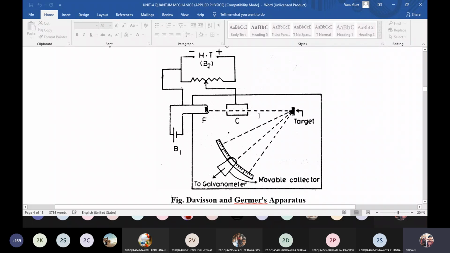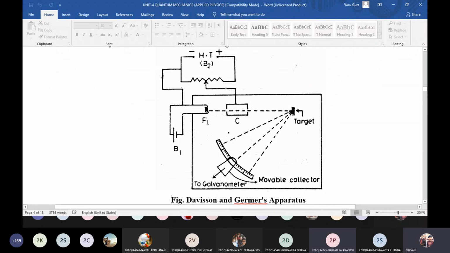Is it possible without electrical batteries? No, ma'am. So electrical batteries make the electrons move in the experiment. Okay. Next, what is the beam which is transmitting from the filament to the target? Is it a light beam or an electron beam? Electron beam.